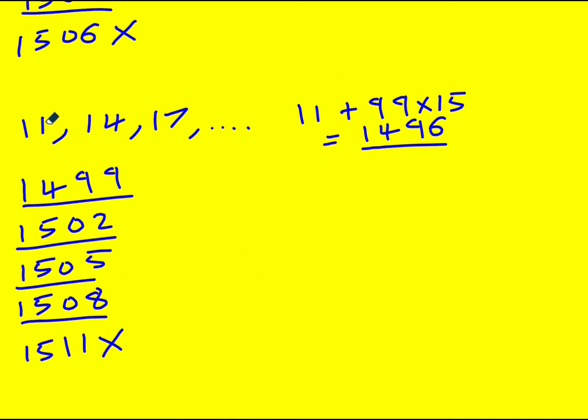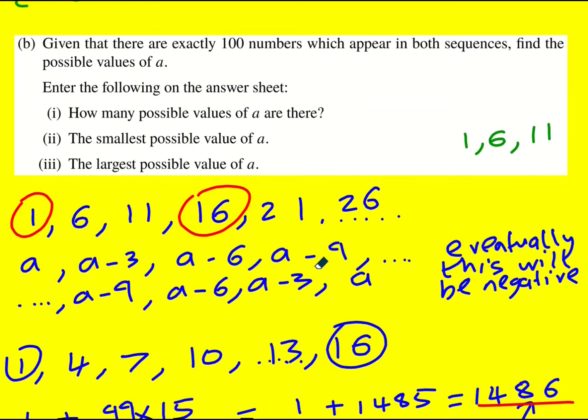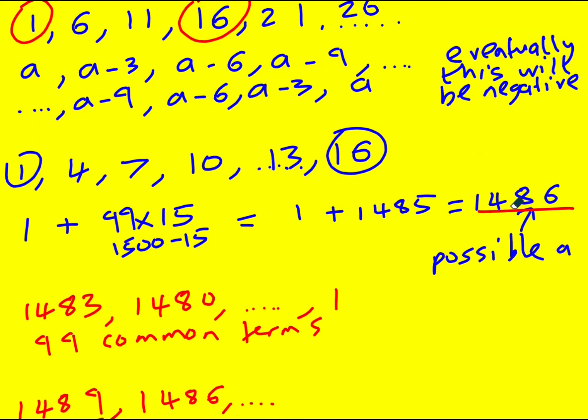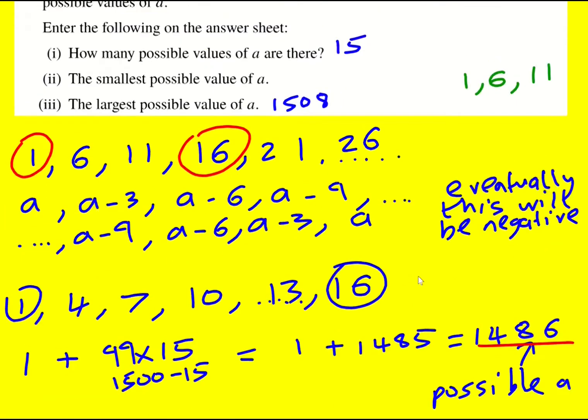So this was the largest of the values of C, and therefore when I've added on my other 15 lots of 99 and then another 12, I'm going to get my largest possible A as 1508. How many possible values of A are there? 15, because there are 5 lots associated with each one of these values of C. And then the smallest possible value of A is going to be that 1486 because it started with the smallest C and then I'm not adding any more on.